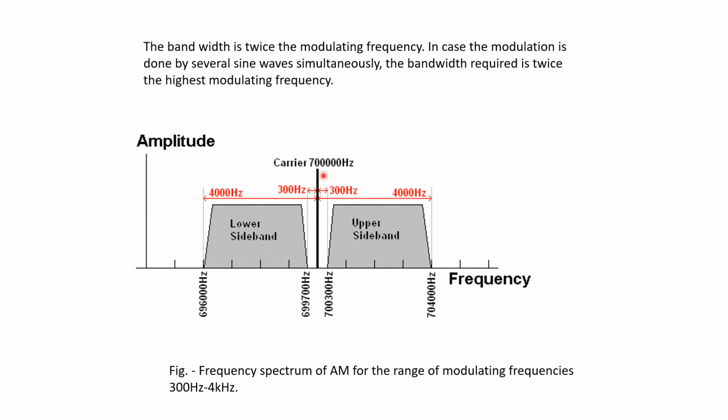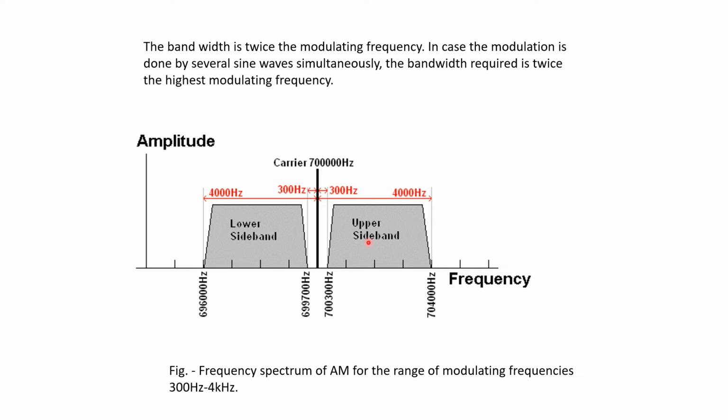So in this example, the carrier wave has a frequency of 700 kilohertz, and the frequencies of the audio signal or the modulating signal are from 300 Hz to 4000 hertz, because the audible signal has an audio frequency range of 20 hertz to 20 kilohertz. So suppose we have to transmit the audible frequency from 300 hertz to 4000 hertz.